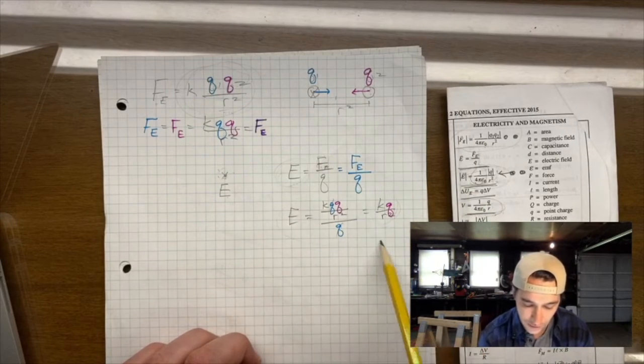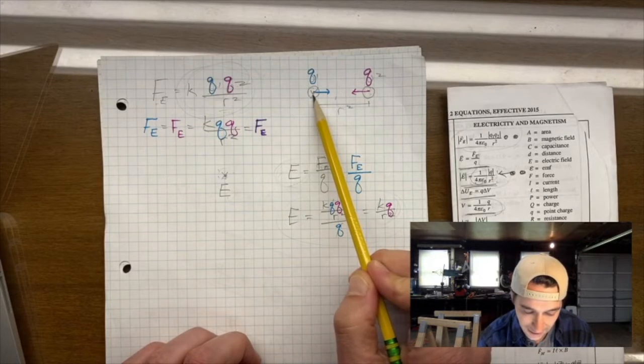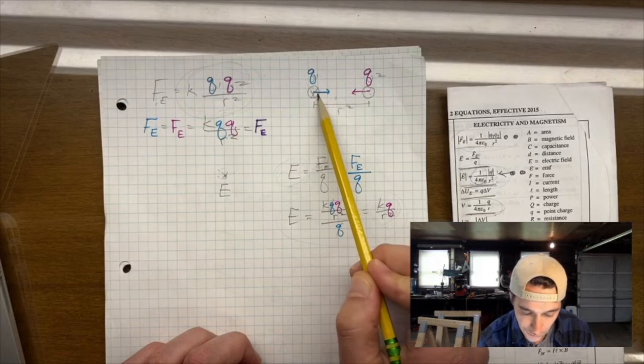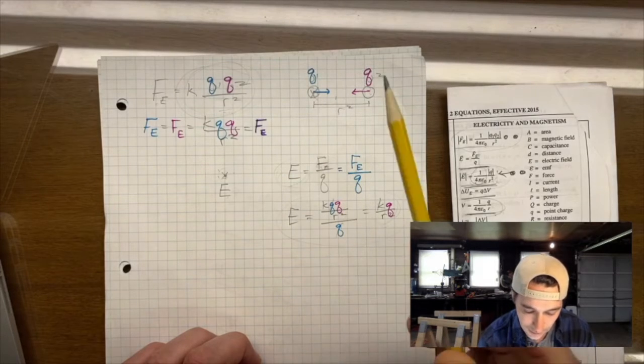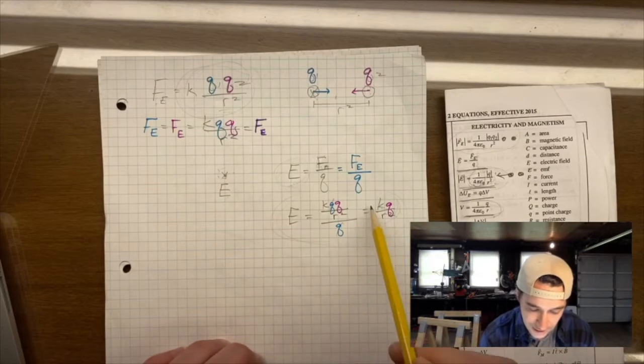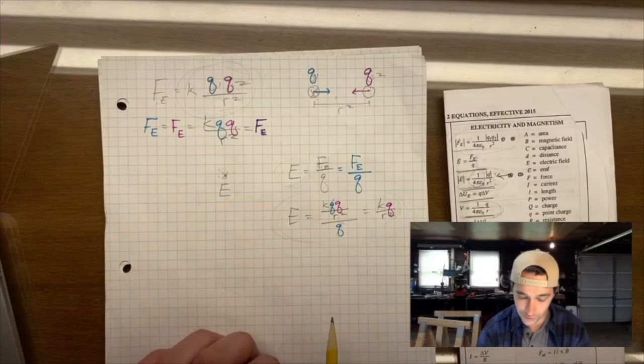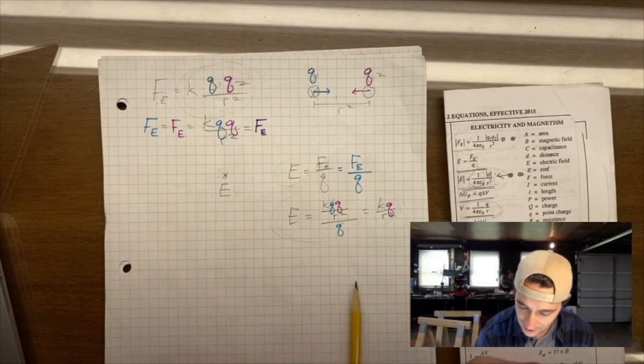We could use this equation. The electric field strength at the location where the blue Q is, k Q over r squared.